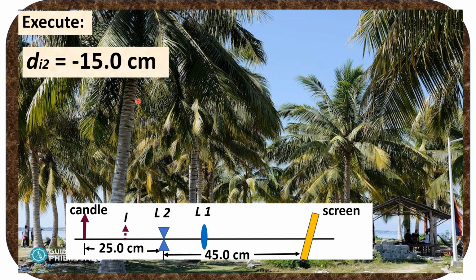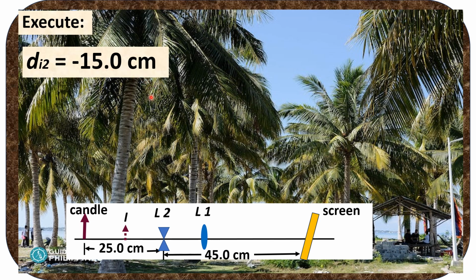Once again, we emphasize that the image formed by a diverging lens L2 is always virtual, so it must have a negative sign. d sub I2 must be negative 15.0 centimeters.